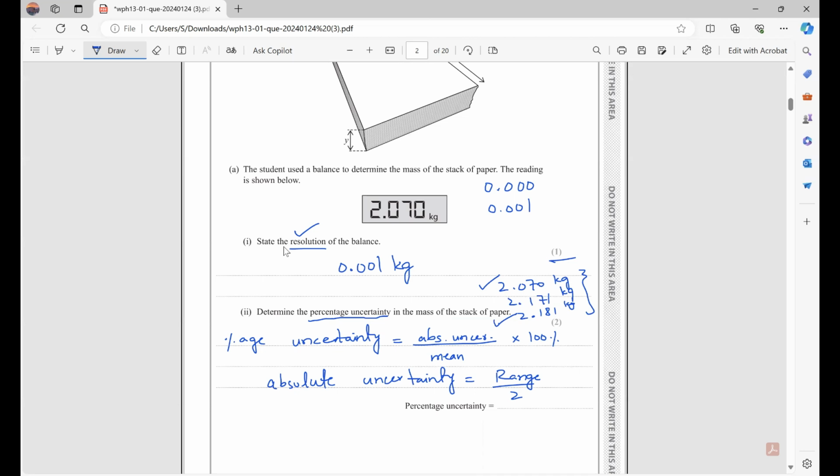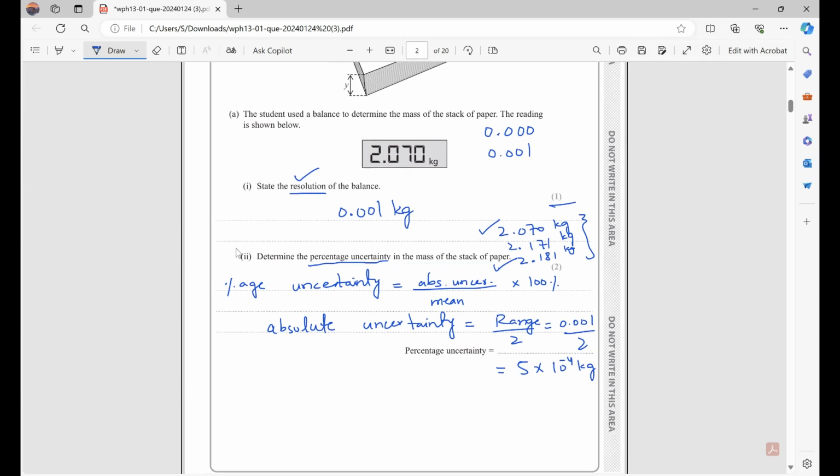So let's find the absolute uncertainty. The range is 0.001 over 2. So that gives you 5 times 10 to the power minus 4 kg. Okay, now you can substitute it back in the formula.